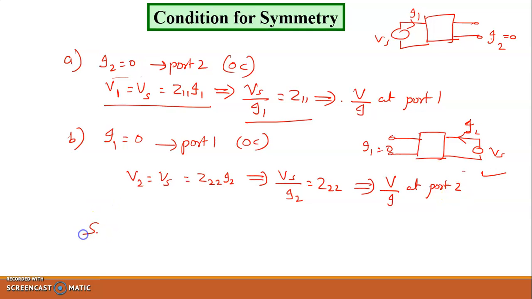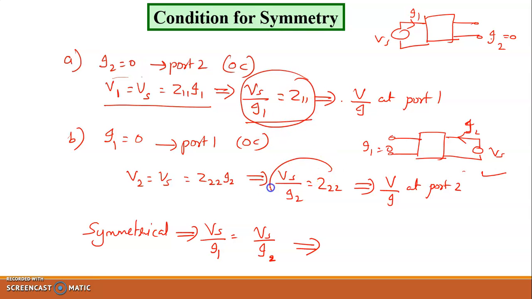Now if the network is symmetrical, then Vs by I1 in the first case will be equal to Vs by I2 in the second case. If this ratio is equal to this ratio, I can write Z11 is equal to Z22. So this is the condition for symmetry.